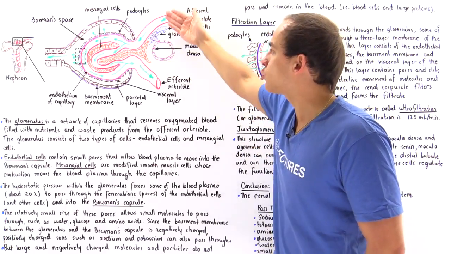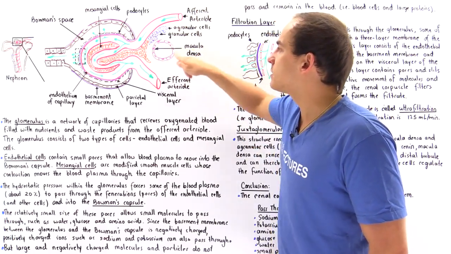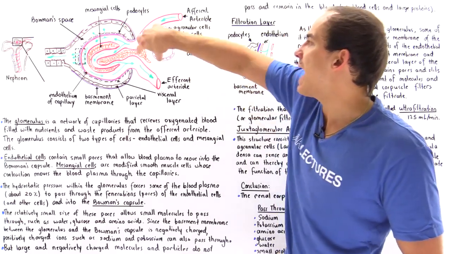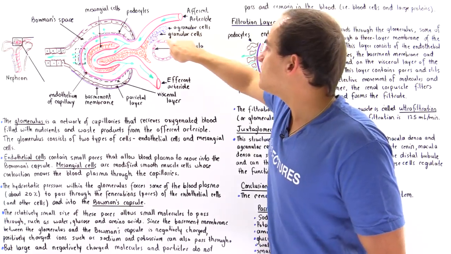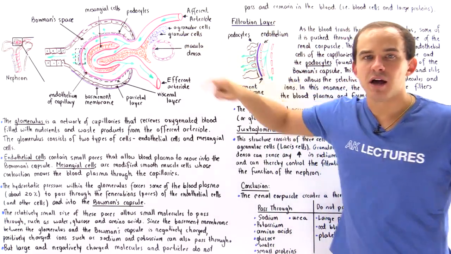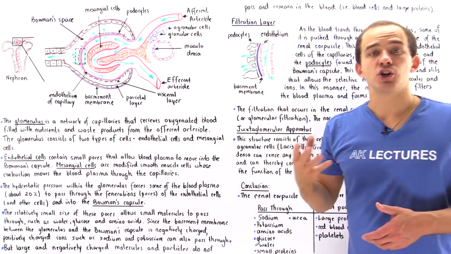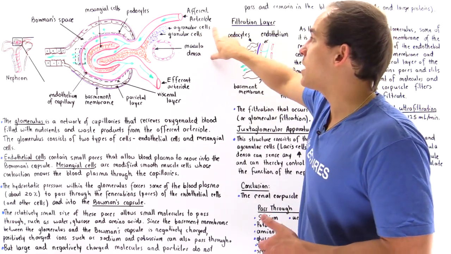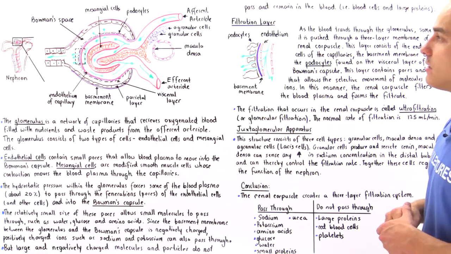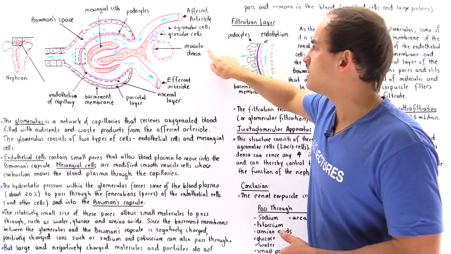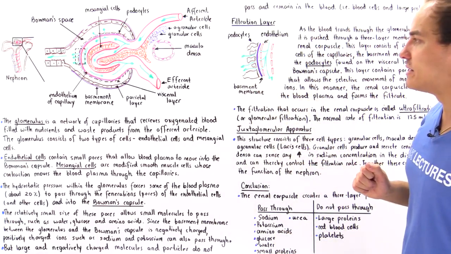So this is a cross section of the distal convoluted tubule. It's coming out of the board and bringing blood this way. Now, these cells are the granular cells, also known as the juxtaglomerular cells, and these are the agranular cells, also known as the lacis cells. And we'll talk about the function of these cells in just a moment.